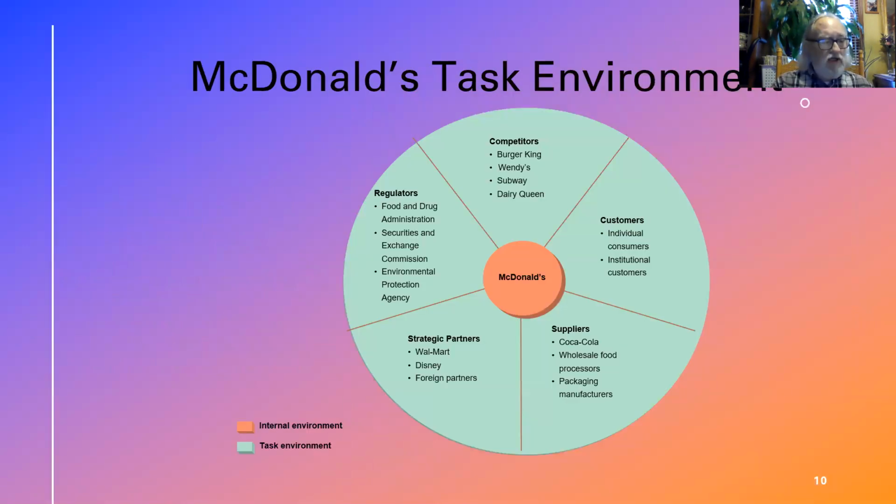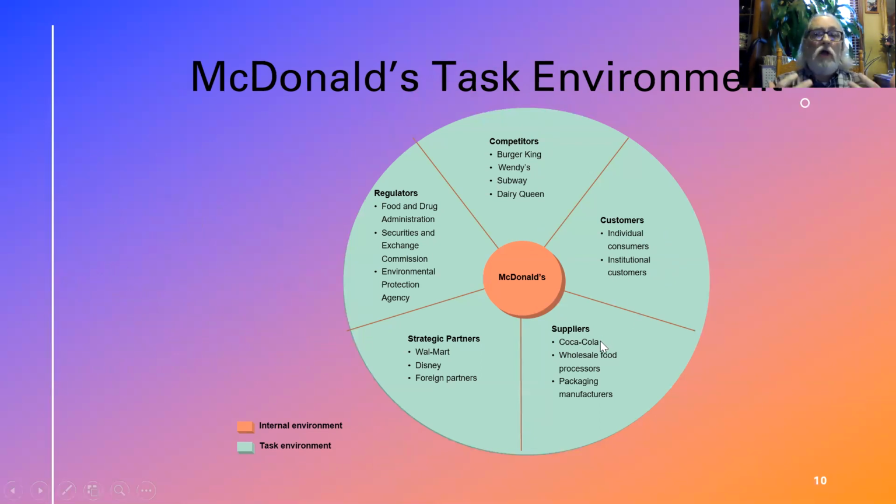So here's an example of McDonald's general task environment. As you can see, like we saw from the previous example, main competitors, you can see there are other operations within the fast food industry. Their customers are either business customers, really, or they're individual consumers.